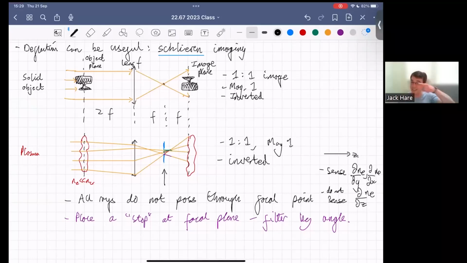If there's density gradients in the direction the ray is propagating, the ray will slow down or speed up, but it won't actually deflect from that. And so that helps you a little bit. You're only sensitive to gradients perpendicular to the probing direction.